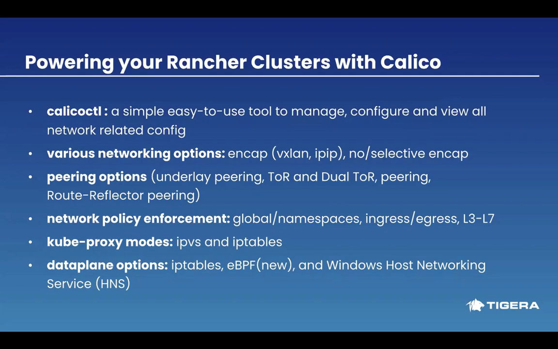In addition, we can do selective encapsulation, where you can use VXLAN or IP-in-IP only across subnets or across availability zones and so forth. So within the same subnet, routing works as expected, but as you're leaving the availability zone or the subnet, you can selectively use encapsulation. So there's less overhead to do that.